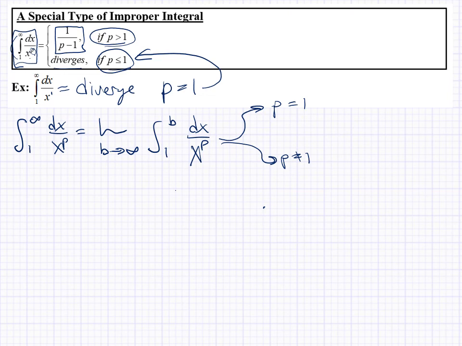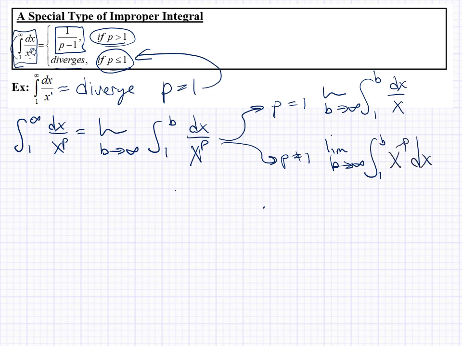If p equals 1, we end up with the limit as b goes to infinity of the integral from 1 to b of dx over x, in which case we would integrate using logarithms. If p doesn't equal 1, we have the limit as b goes to infinity of the integral from 1 to b of x to the negative p dx.